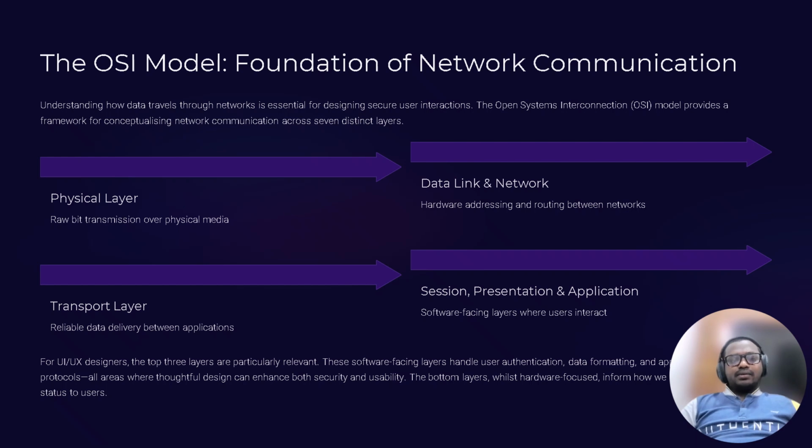The Open Systems Interconnection OSI model provides a framework for conceptualizing network communication across seven distinct layers: physical layer, data link layer, network layer, transport layer, session layer, presentation layer, and application layer. The physical layer handles raw bit transmission over physical media, and the data link and network layers handle hardware addressing and routing between networks.